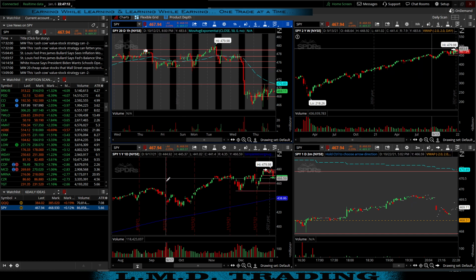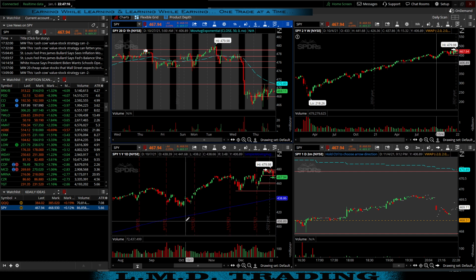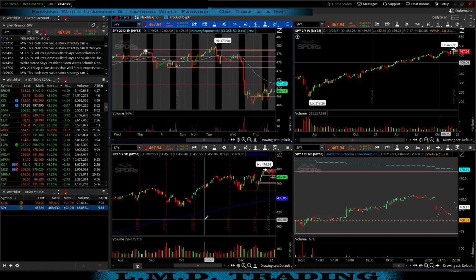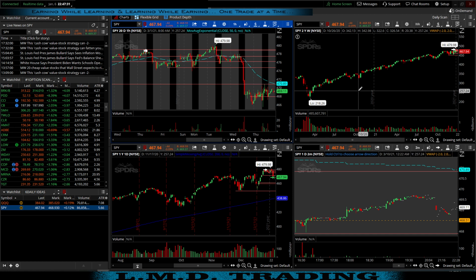The lower one is a daily chart, and on the daily, it just has the 200 moving average, which is, like I said, another powerful moving average that a lot of institutions use as well as day traders. Upper right is the weekly. I don't really use this for day trading.